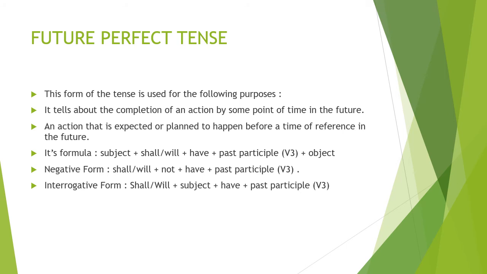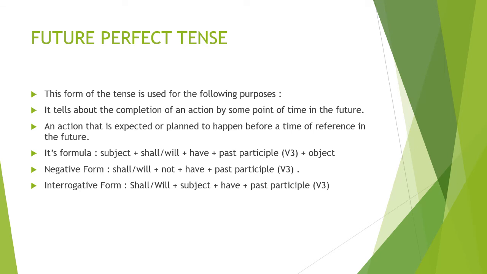The action has already been completed in the future, not in present or past. An action that is expected or planned to happen before a time of reference in the future. Means an expected time, we generally say that this work will be completed by this time, means expectation is there or some planning is there.